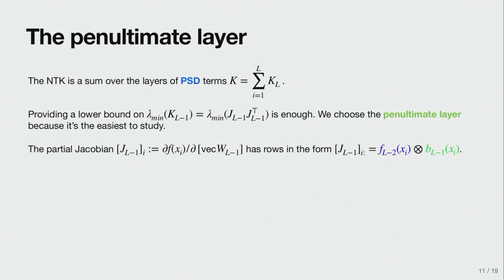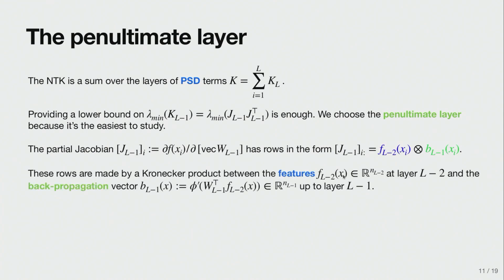If we focus on this very last layer, then what happens? The rows of the Jacobian can be written in this Kronecker form, where on the left in blue we have the features, and on the right we have the propagation term, which we can write explicitly in this way. These are the neurons up to layer L-2, and this is the propagation term that is written as activation, derivative of the activation times penultimate layer times the neurons at layer L-2.